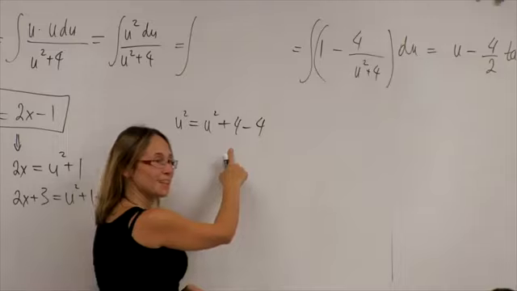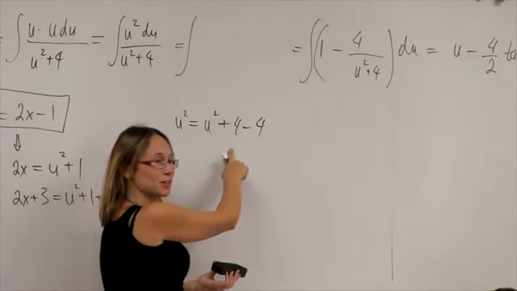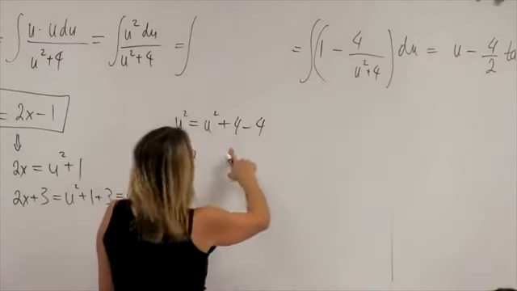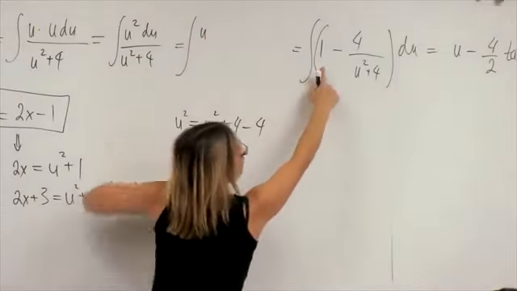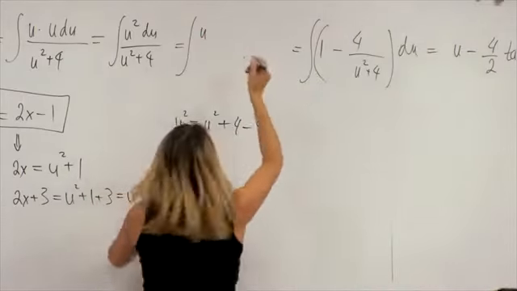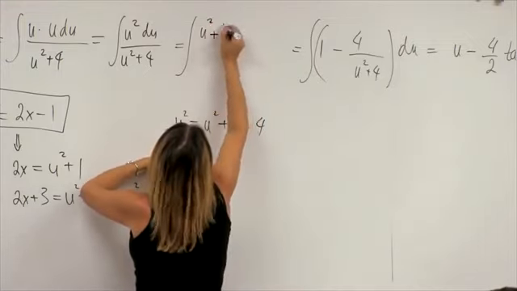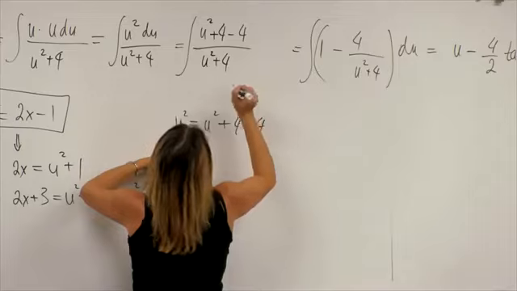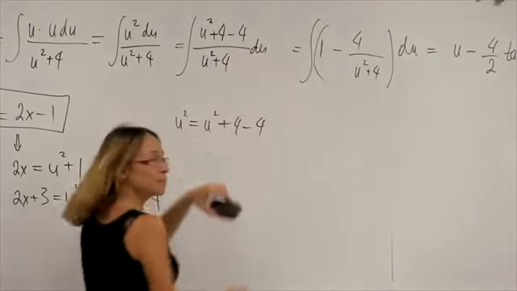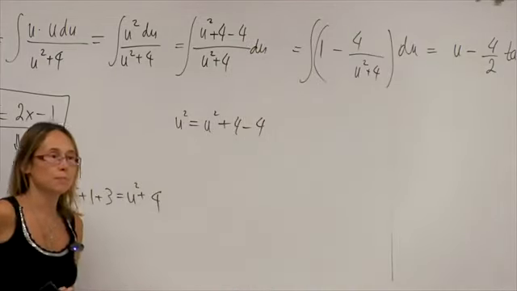Nobody can argue against this, right? This is a truth, okay? And the reason I want to do it is because I want to separate 1 away, okay? u squared plus 4 minus 4, du, like this. More questions?